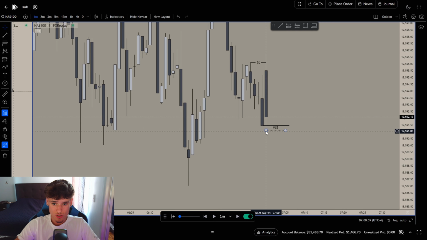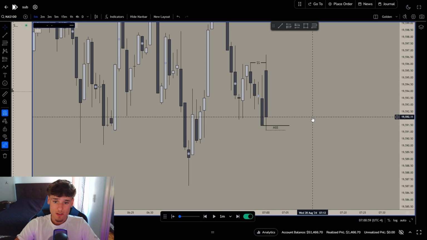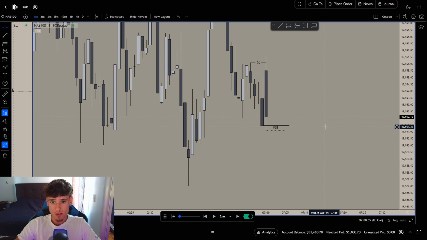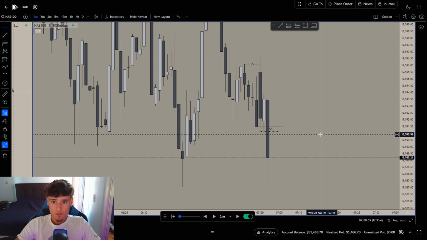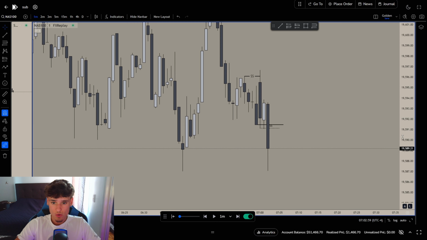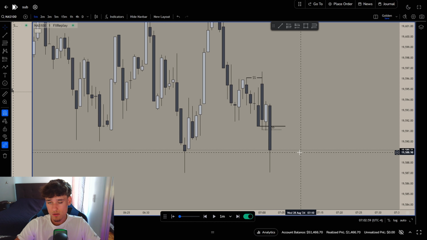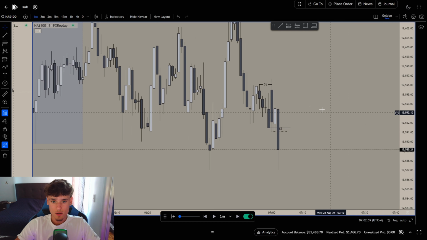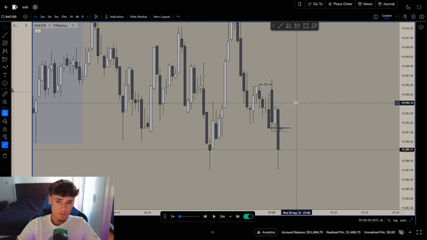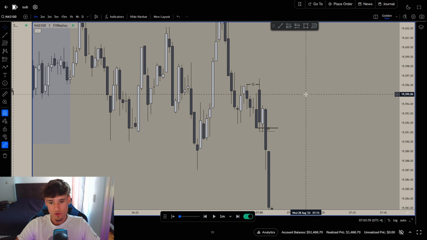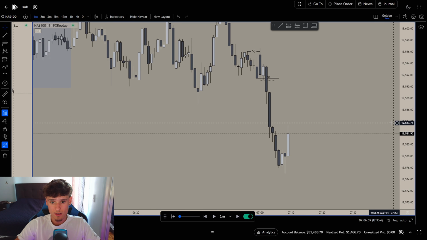So market structure shift would be right on the wick, and change of state of delivery would be right on the body close. And what do we do? The second we make a full body close past those two zones, you would take your short position, as the trend has confirmed that we are going in a downtrend, which we do right here.